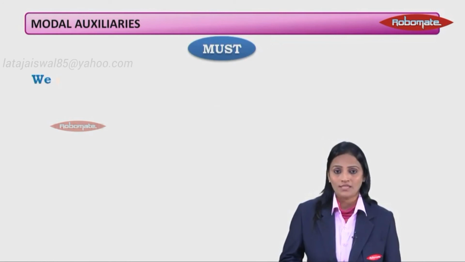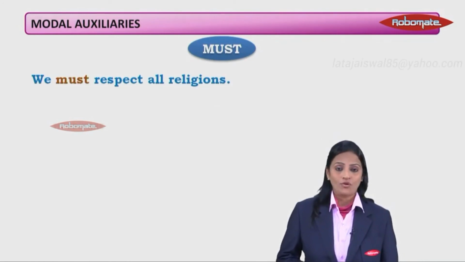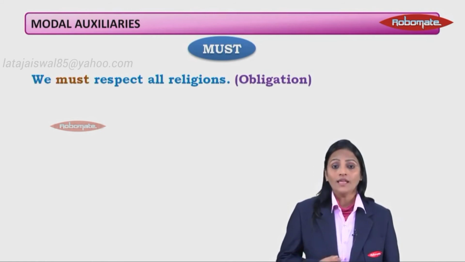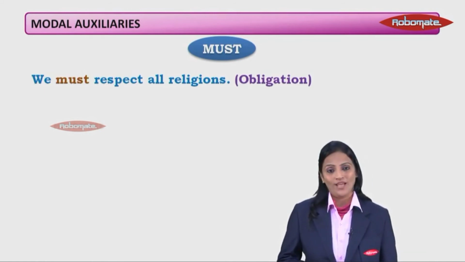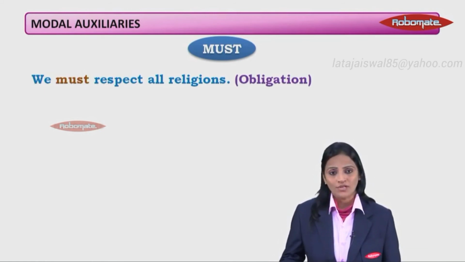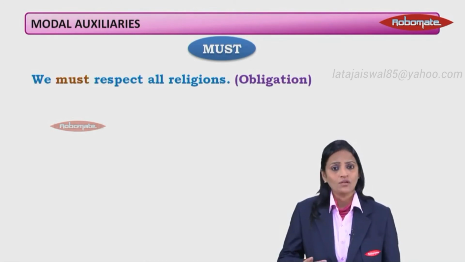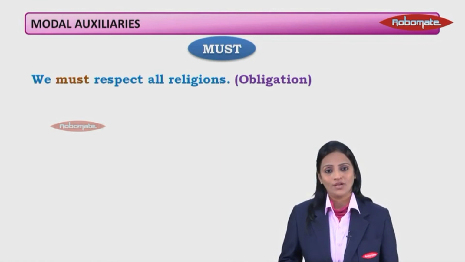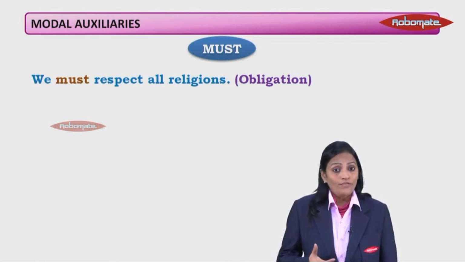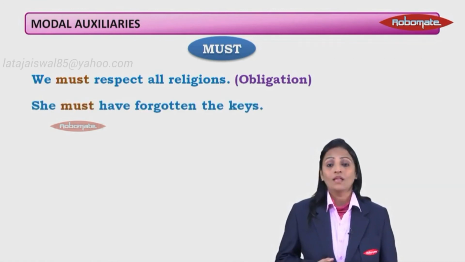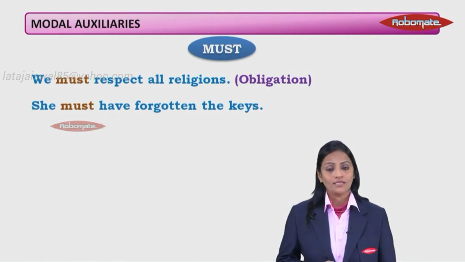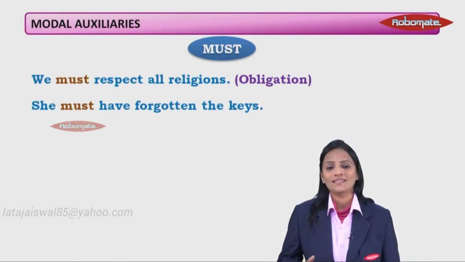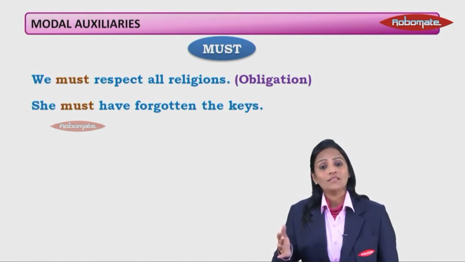Next one, must. We must respect all religions. Though, students, this does sound a little stronger. In this case also it is still obligation because respecting religion or respecting someone is not legally binding on us. So here it is an obligation, something that we feel we should do. She must have forgotten the keys. Now in this case, students, it is as if you are guessing something. This must have happened.